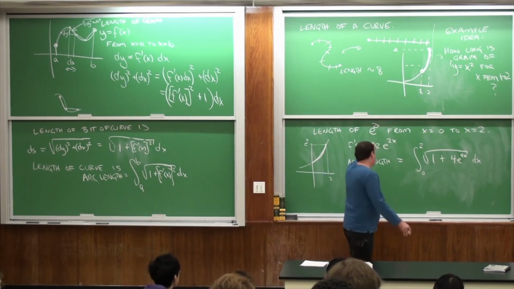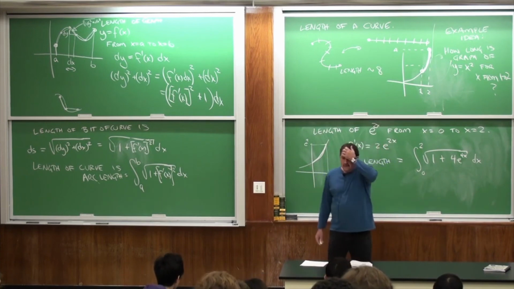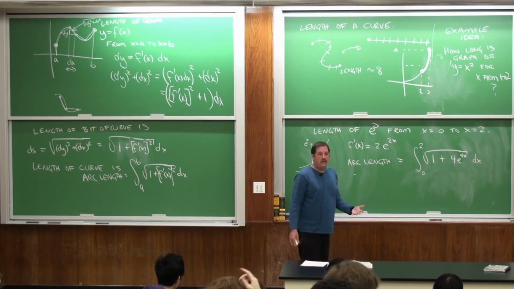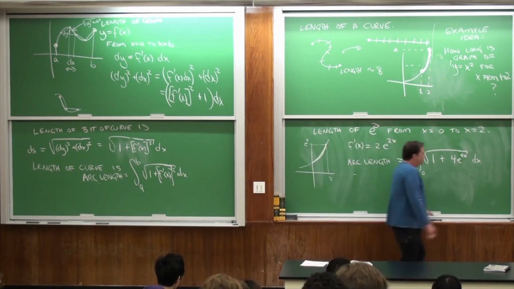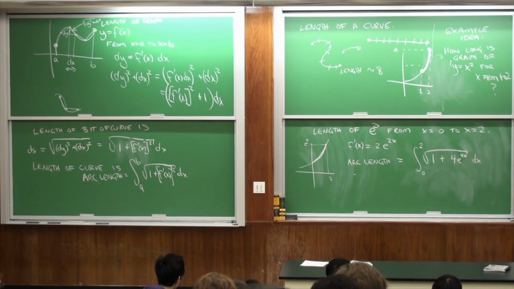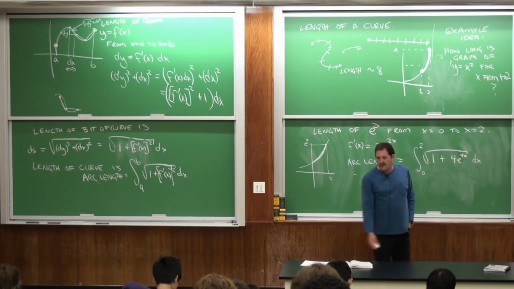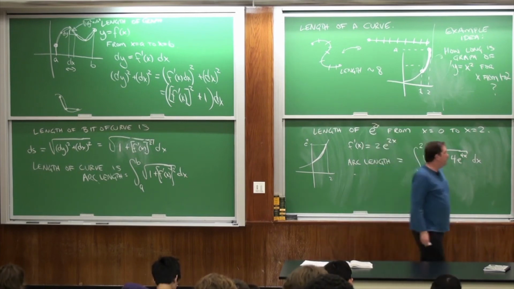Let me do one that does work out, I guess. So there's like 3 that work out. This is one, but I don't like it. So I have the curve y equals the log of the secant. And let's go from, I don't know, 0 to pi over 4.